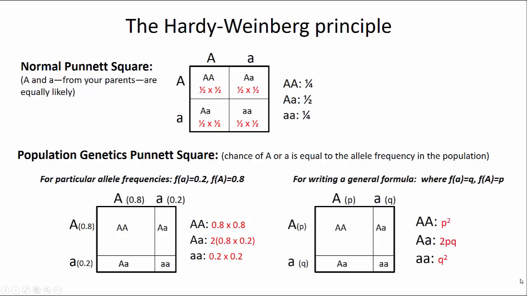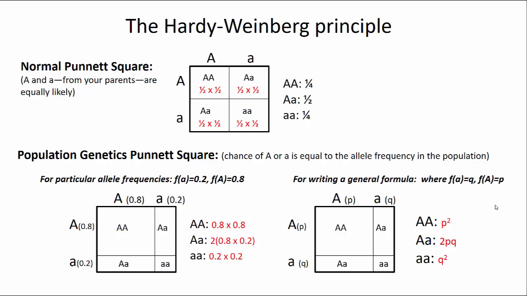Now I'd like to discuss the way in which we're going to use a general formula, or make a rule, about how we can calculate these genotype probabilities. If we call the frequency of little a Q, and the frequency of big A P, then we would make a Punnett square like this, where the chance of getting big A is P and the chance of getting little a is Q. Chance of getting big A, big A would be P times P, or P squared, and chance of getting little a, little a would be Q times Q, or Q squared.